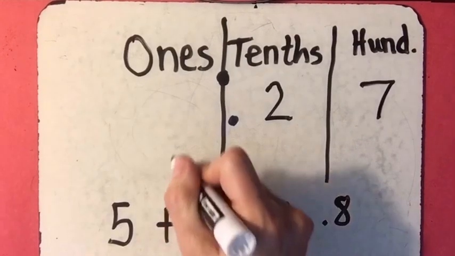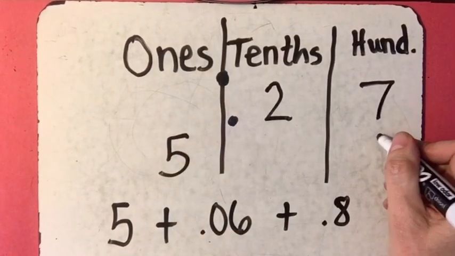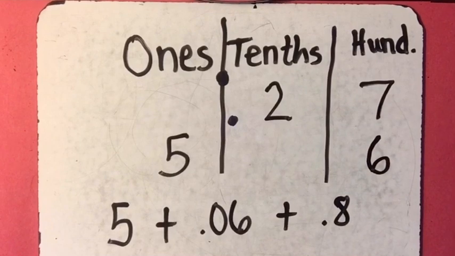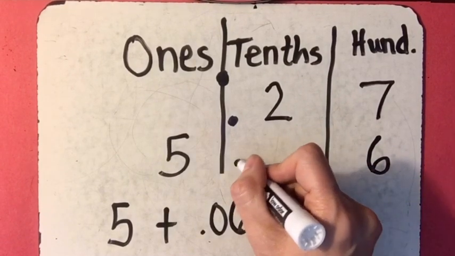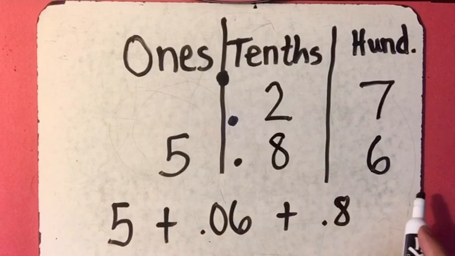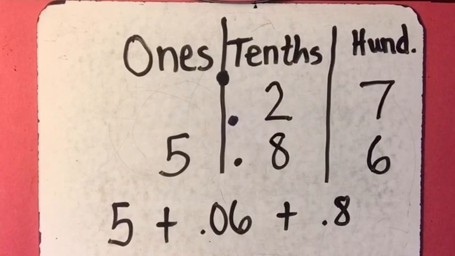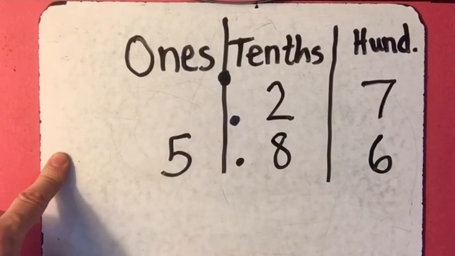I'm going to put my 5 in the ones column, my 6/100 in the hundredths column, and my 8/10 in my tenths column. Now my addition problem can be seen right here. The answer is 5.86, or 5 and 86/100.